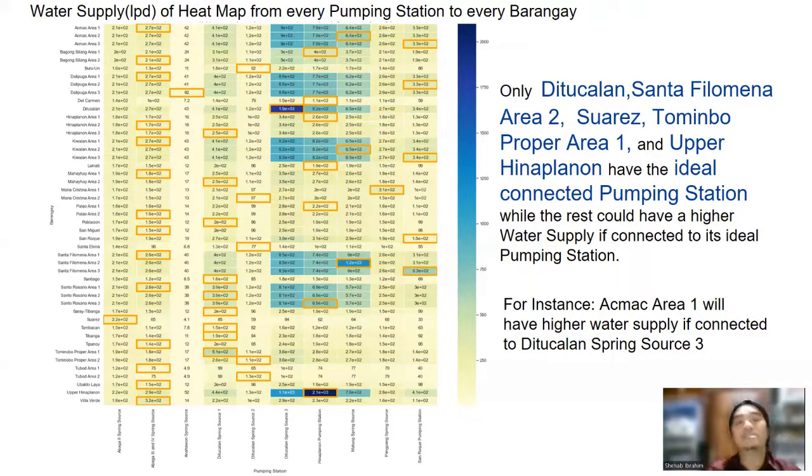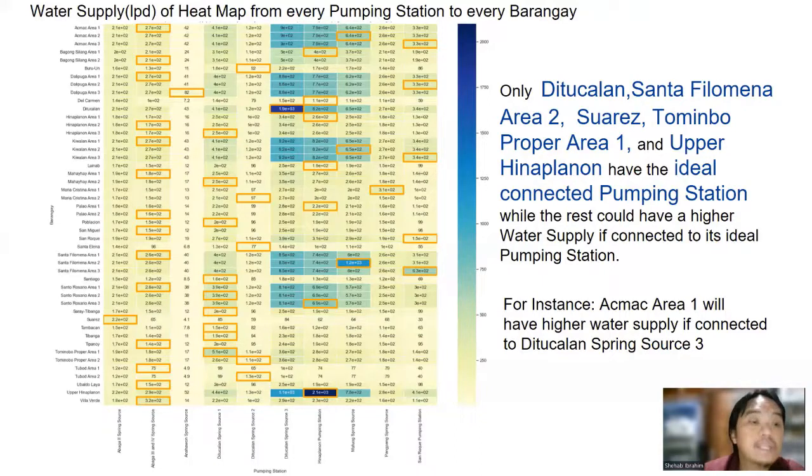For instance, Akmak Area 1 is currently connected to Abaga 3 and 4 spring source, which has a water supply of 270 liters per day. But if Akmak Area 1 is connected to Dito Calan Spring Source 3, it will have a water supply of 900 liters per day.